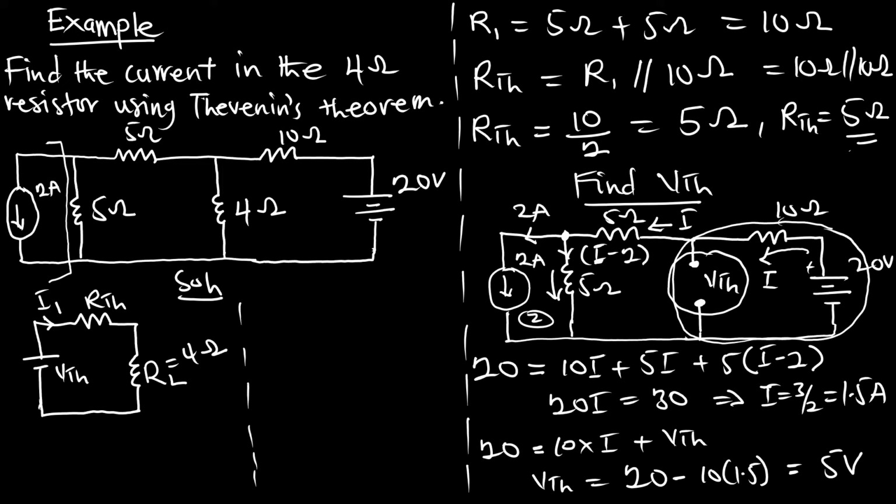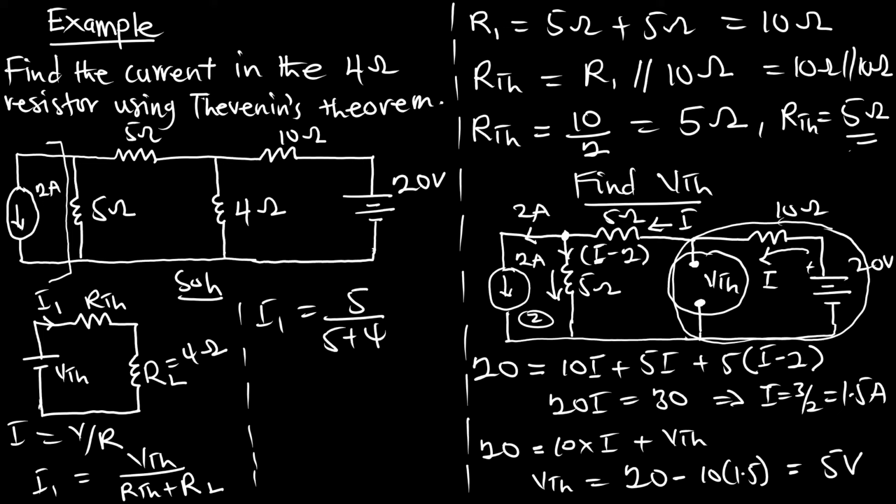So if this is true, then from Ohm's law, we know I is equal to V on R. Therefore, our I1 is going to be VTH on the resistance, which is RTH in series, so we'll add the total resistance. This is going to give us I1 equal to 5 on 5 plus 4, and our I1 is going to be equal to 0.555 amperes.